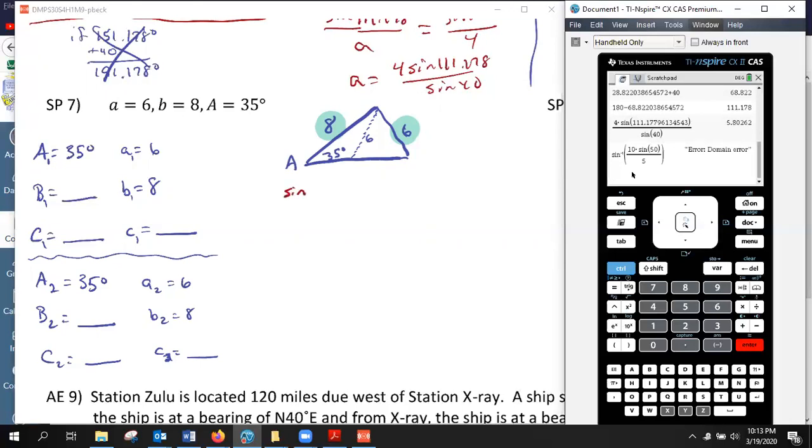If I take the sine of B over 8, that equals the sine of 35 over 6, which leaves B to be the inverse sine of 8 sine 35 over 6. Let's throw that into the calculator.